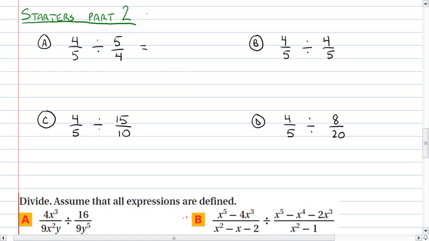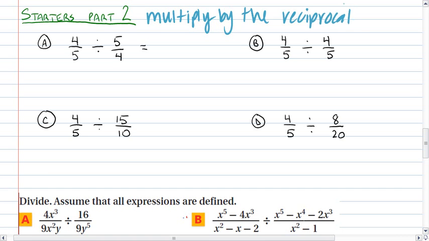So for division, remember the idea is that we want to multiply by the reciprocal. Remember that the reciprocal is just the fraction flipped. A lot of people at DSST call this copy dot flip. That would mean you would copy the first fraction, you dot, so multiply instead of divide, and then you flip the second fraction, so copy dot flip.